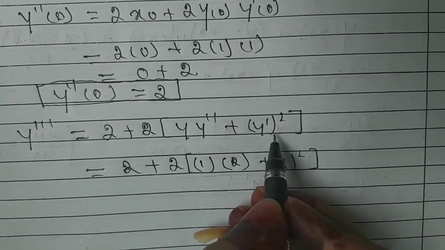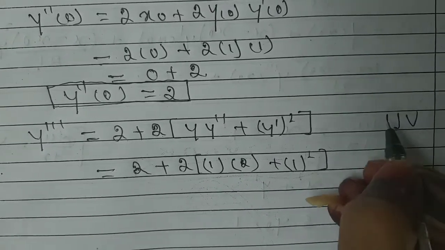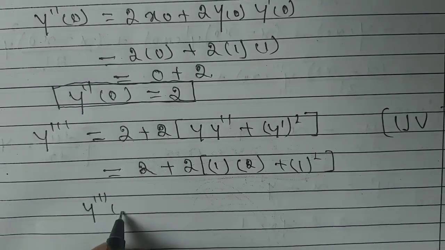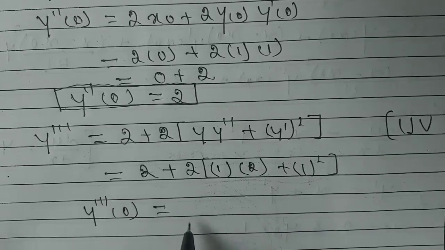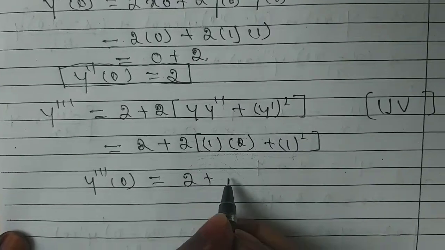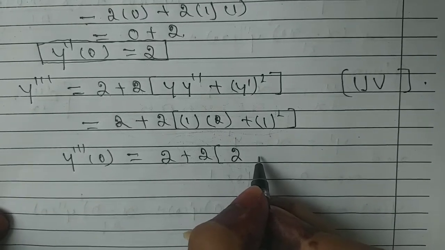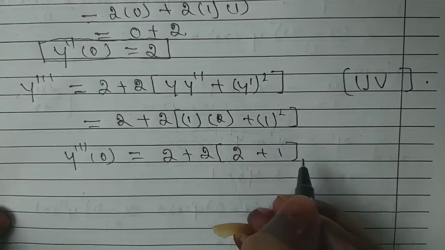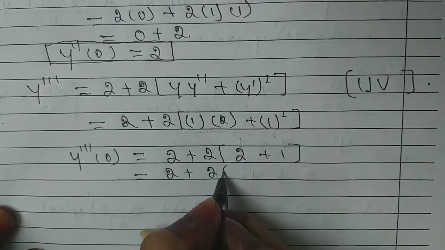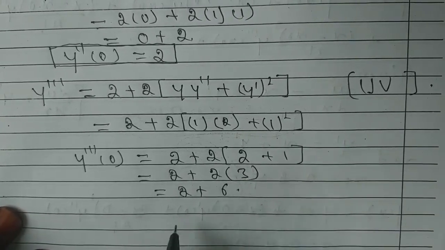Here we got this expression by using the product rule, that is the u into v rule. So y triple dash of 0 is equal to 2 plus 2 into 2 plus 1, that is 2 plus 2 into 3, 2 threes are 6.